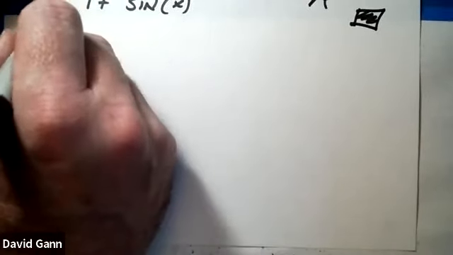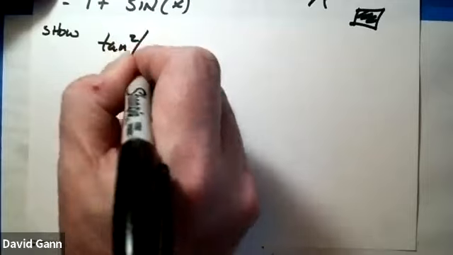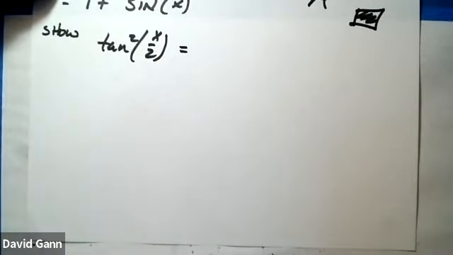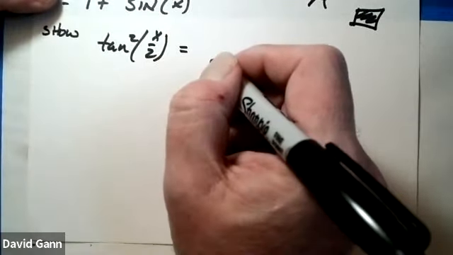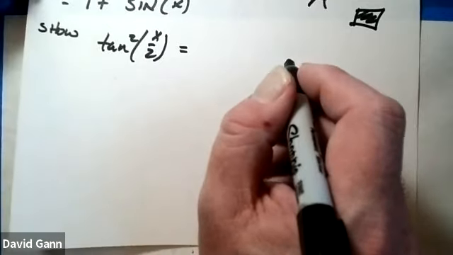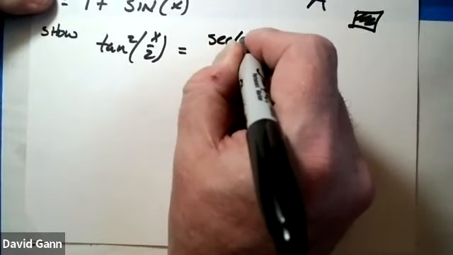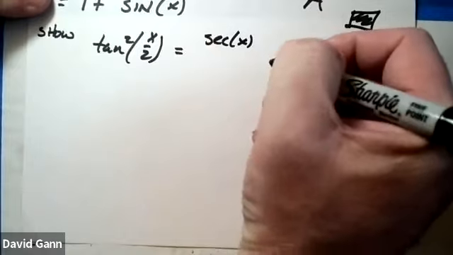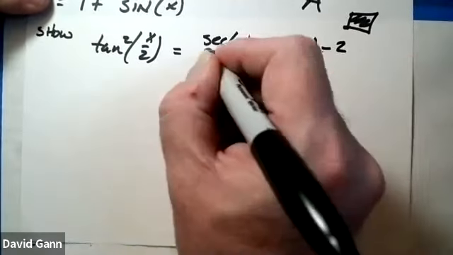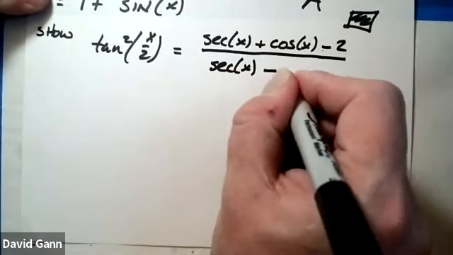So let's show that tangent squared of x over 2 is equal to, sorry, I was looking at the wrong target, secant of x, got to be careful with the signs here, plus cosine of x minus 2 all over secant of x minus cosine of x.